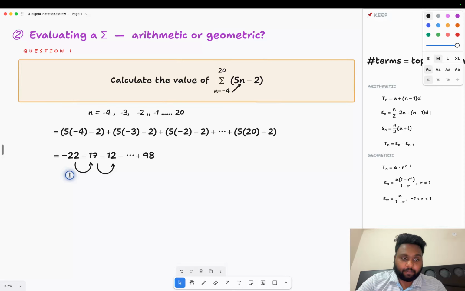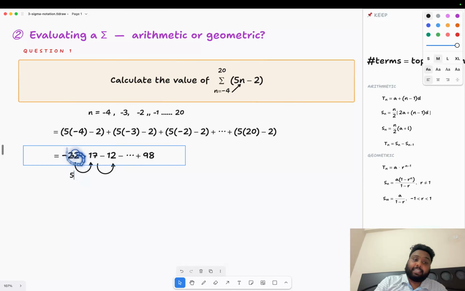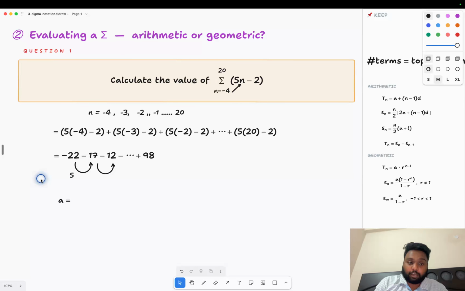If I take minus 17 and subtract minus 22 from it, then my common difference is going to be 5. This series is increasing, so my common difference is 5. So this is an arithmetic series.